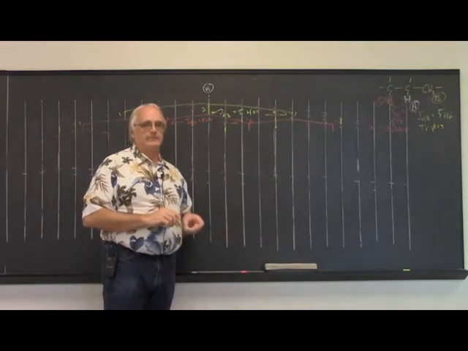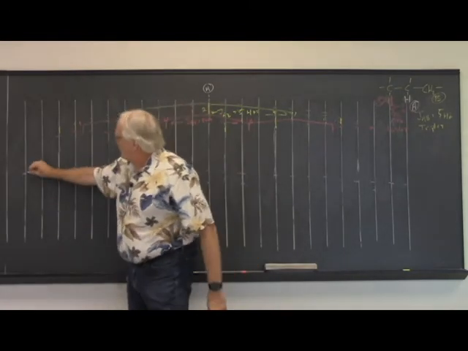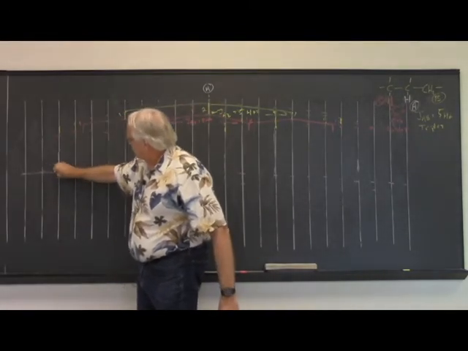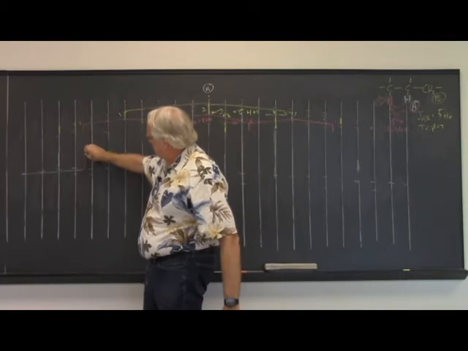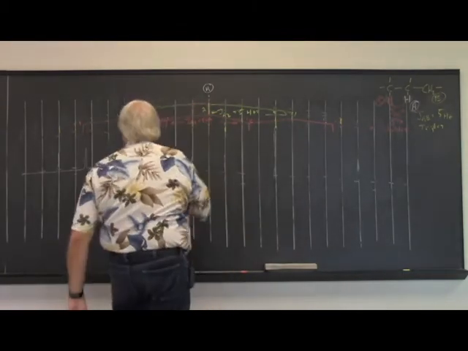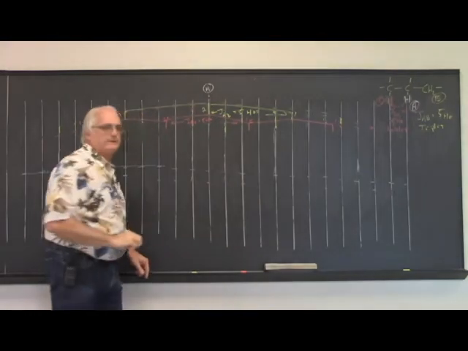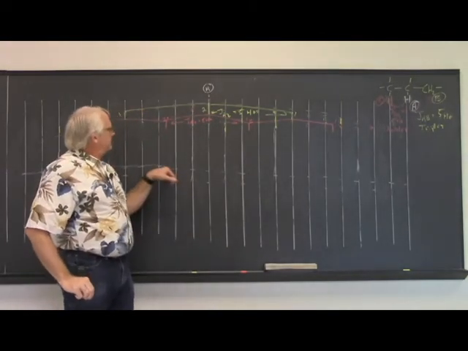Here's how you draw the resulting pattern. I come along in the baseline and I say, oh my, a peak here with a height of 1. There it is. I come along until I hit this point right here, and I'm going to draw another peak.